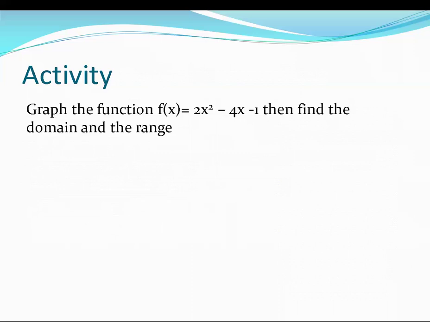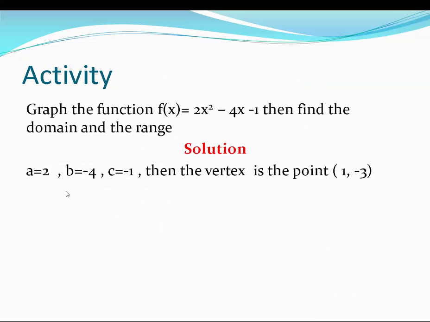Activity. Graph the function f(x) equals 2x squared minus 4x minus 1. Then find the domain and the range. Solution: a equals 2, b equals negative 4, c equals negative 1. Then the vertex is the point (1, negative 3).